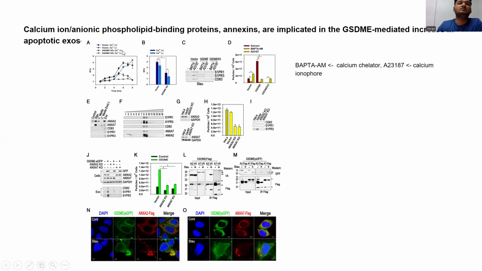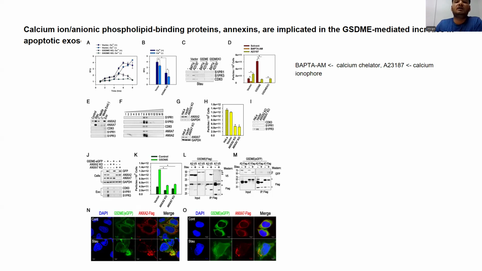In the calcium increased environment, the amount of calcium was first simple, but as soon as Gasdermin E started cleaving, there was a steep rise in the amount of calcium inside the cell when compared with the Gasdermin E knockout cell, which can be seen here in subtypes A and B. When using the calcium chelator and calcium ionophore, the calcium chelator completely stopped the exosome release, while the ionophore increased the release in vector and the Gasdermin E knockout cell, showing the involvement of calcium in this process.